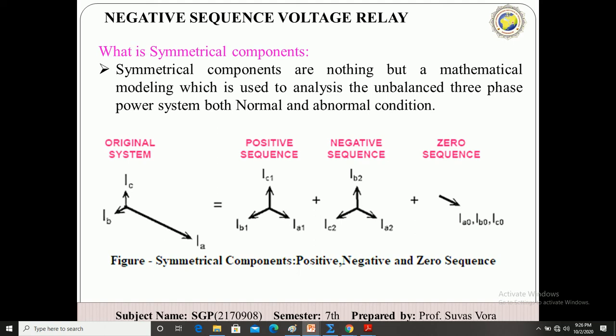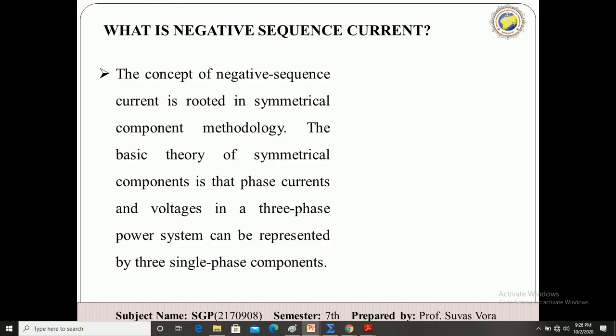In the negative sequence relay figure, the three phase system is connected with the circuit breakers, and the circuit breakers are connected with the induction motor. Then in the negative phase sequence voltage system, the three phase system is connected with the circuit breakers, and these are also connected with the induction motor.